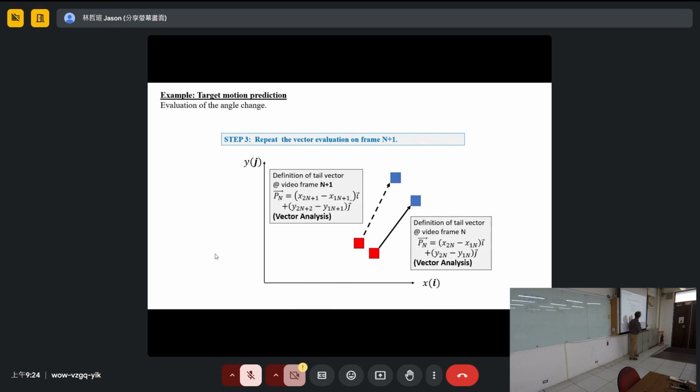Then to find the angle between these two vectors, what do we use? Do you remember? What kind of mathematical tool can we use to calculate the angle between two vectors? Nice, the inner product, right?